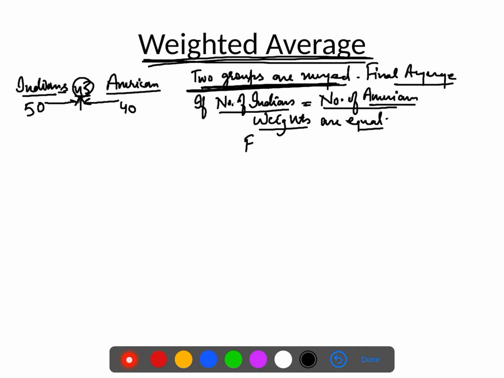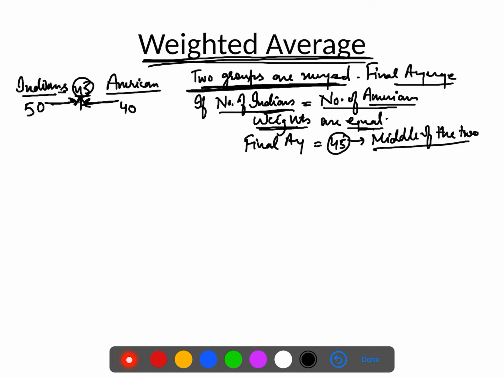So the final average will be 45, the middle of the two. Just imagine there is a weighing pan. If the weights are the same on both the pans, the final needle will be exactly in the middle. So if the weights are equal on both sides here, the final average will be the exact midpoint of the two values.